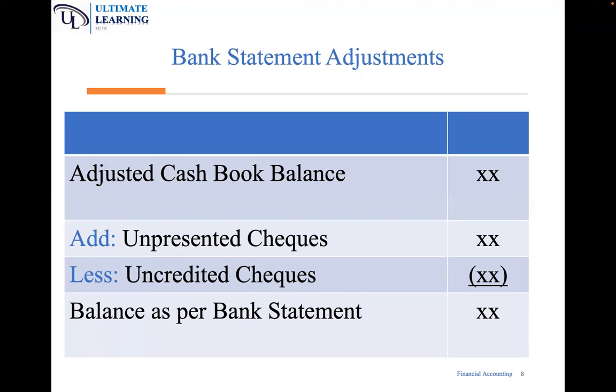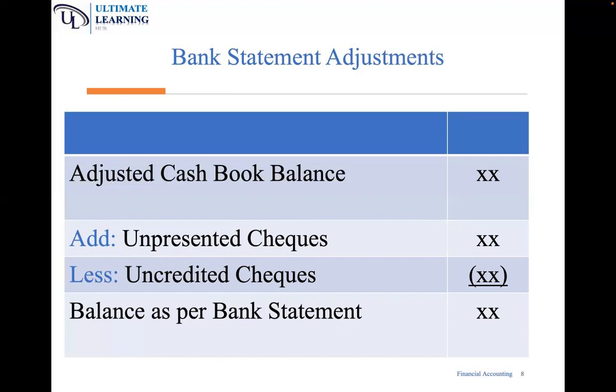Remember, unpresented checks will be credit entries in the cash book. So you check the credit side of the cash book and look at any amount that was credited. It gives you the unpresented checks, apart from errors, of course. And you check any items on the debit side of the cash book, it gives you uncredited checks, of course, apart from errors. Now, when you add all unpresented checks and less all uncredited checks, it gives you the balance as per the bank statement.